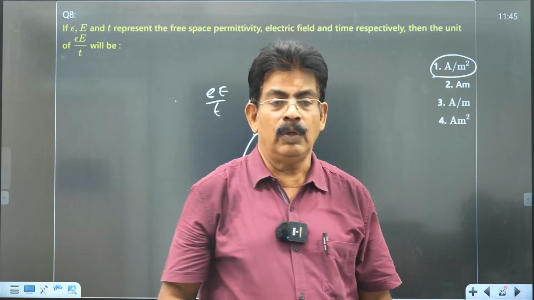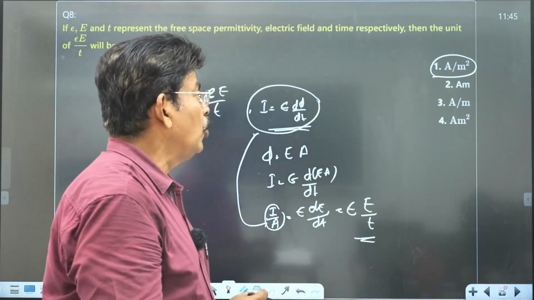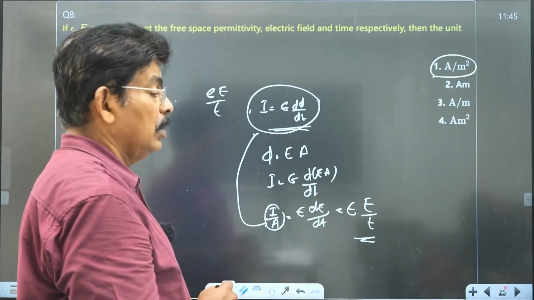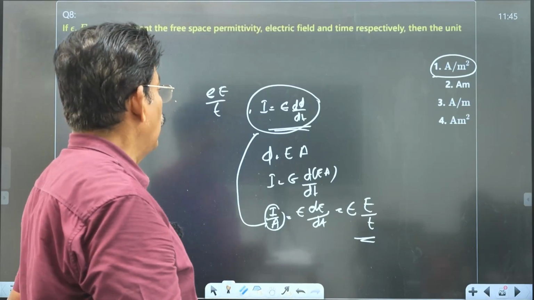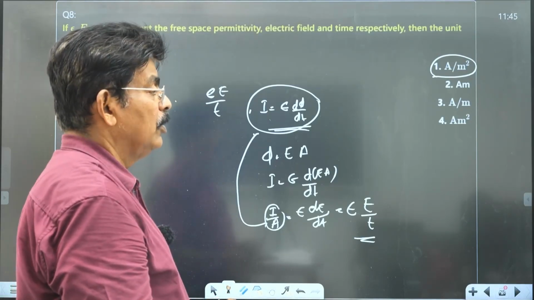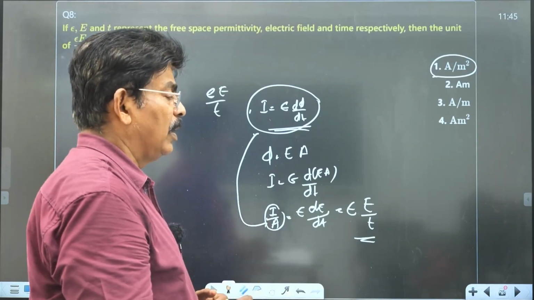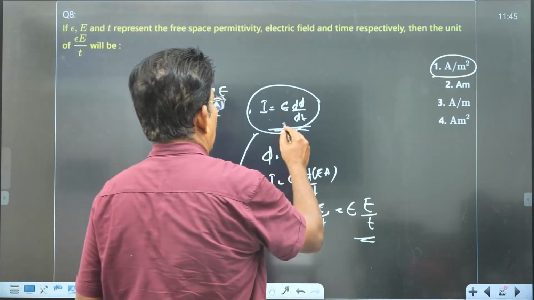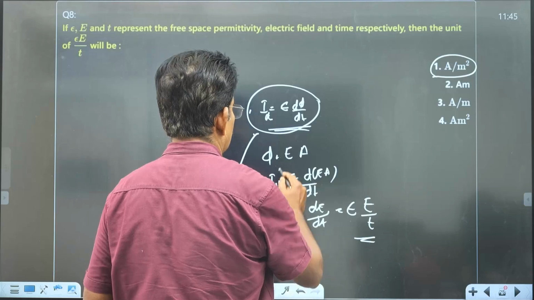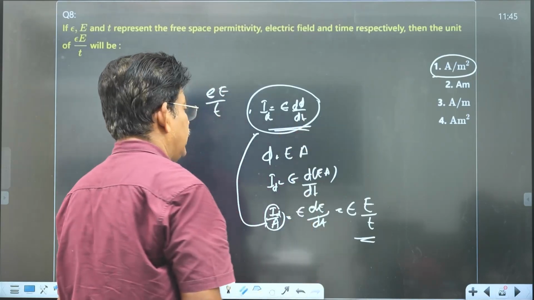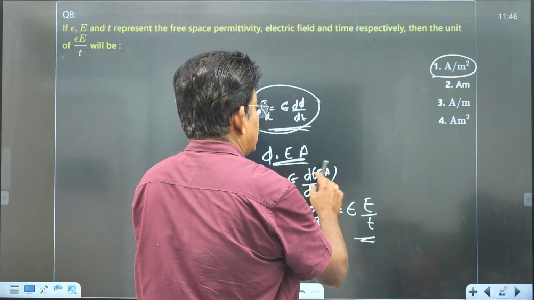So how does this come? In such cases, we have a direct method. We have to substitute for epsilon, E, and t, but think about some familiar quantities coming. One familiar quantity is displacement current I equal to epsilon into d phi by dt. Phi is electric flux, that is E into A. Everything is based on the unit or dimension system.